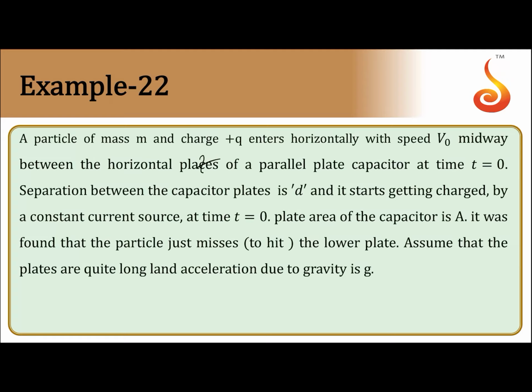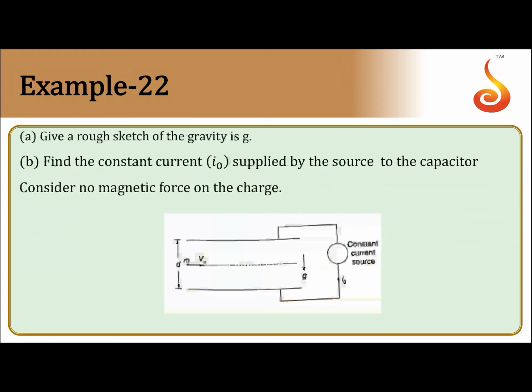Assume that the plates are quite long and acceleration due to gravity g. Give a rough sketch of the path of the particle, and then find the constant current supplied by the source to the capacitor. Consider no magnetic force on the charge.